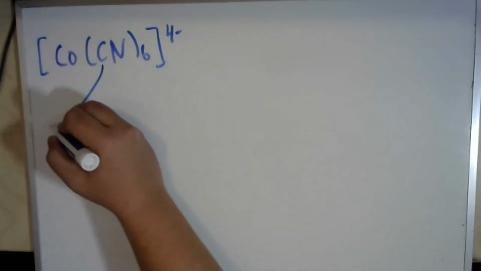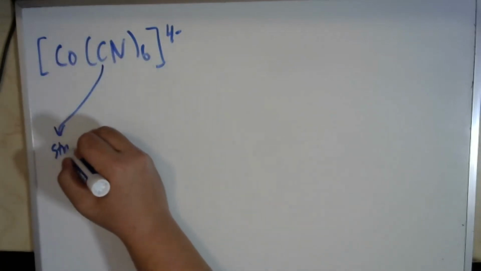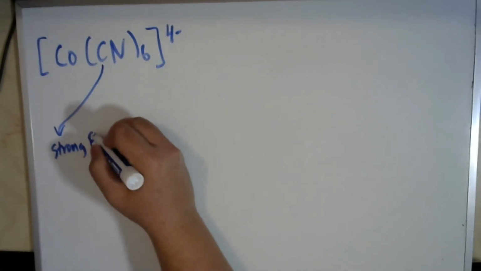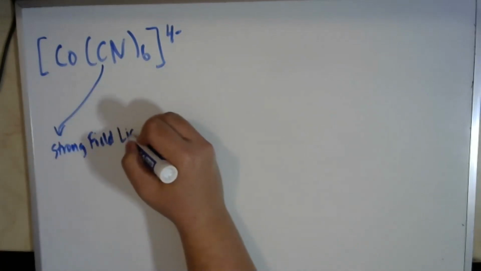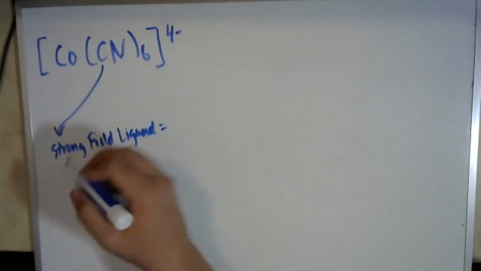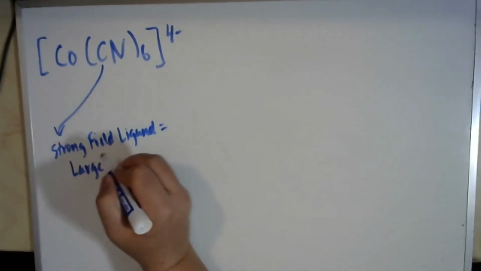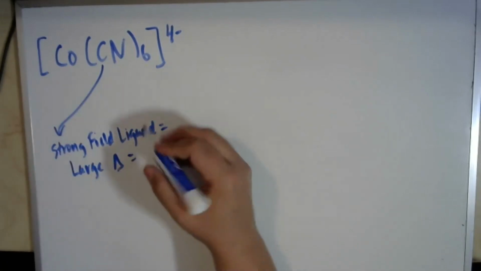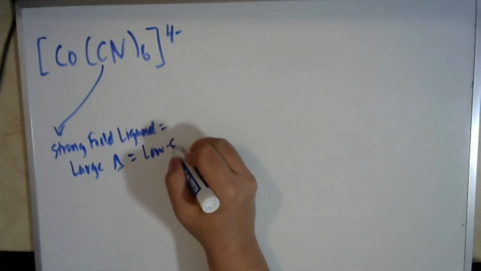Okay, so we know that cyanide is a strong field ligand. So again, we're going to have a large delta value, and it's going to favor a low spin orientation if it has the choice. You don't always have a choice with it.